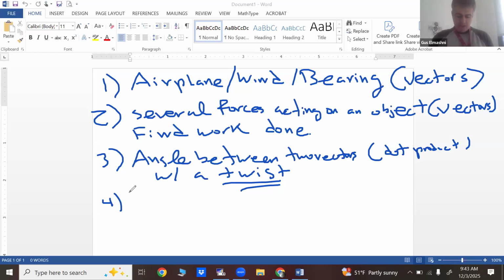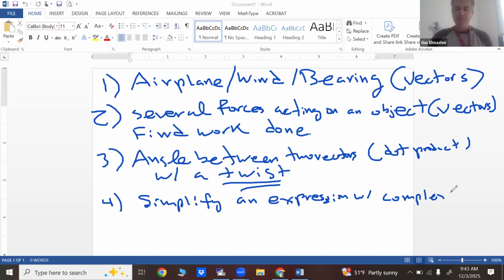Okay, number 4. Next one will be simplify an expression with complex numbers. Simplify expression of complex numbers. Excuse me.